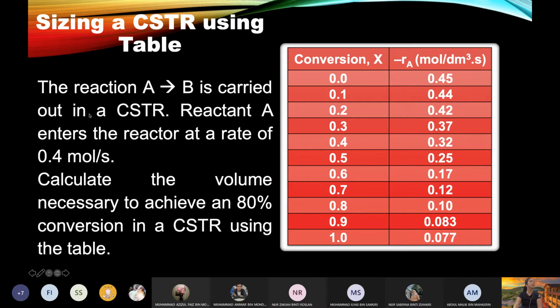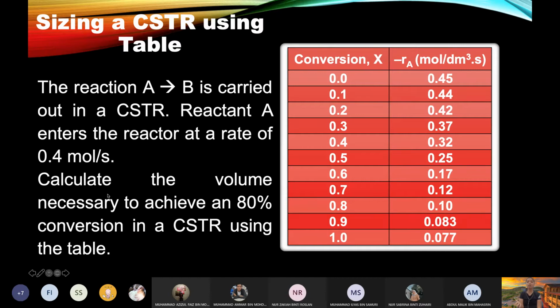So the question says the reaction is carried out in a CSTR, reactant A enters the reactor at a rate of 0.4 mole per second. And it says calculate the volume to achieve 80% conversion in a CSTR using the table.